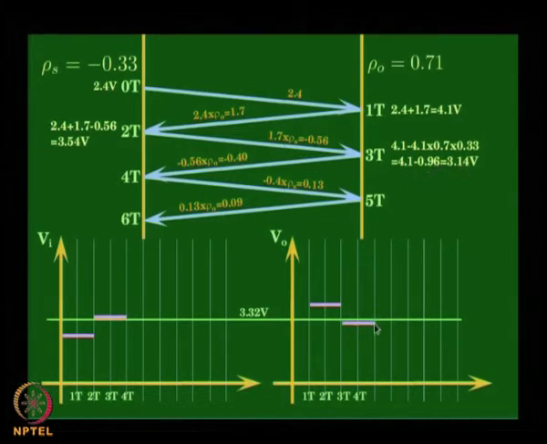So, it goes down to 3.14, the voltage here, and what arrives here is minus 0.4 and what leaves is plus 0.13. So, the algebraic sum of this added to the previous value of 3.54 will give you 3.27.